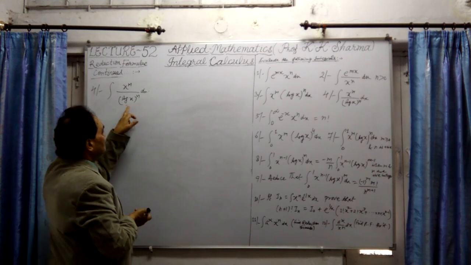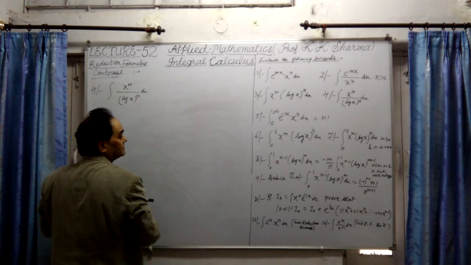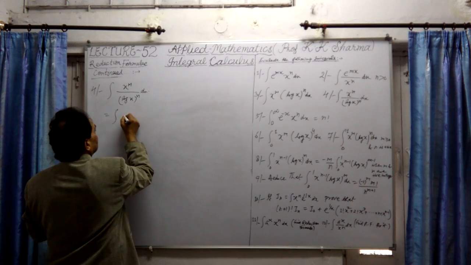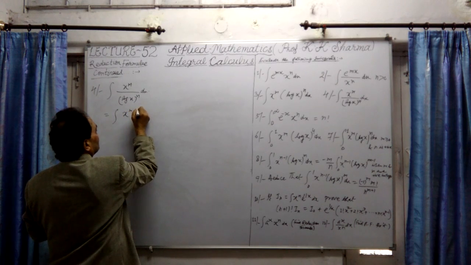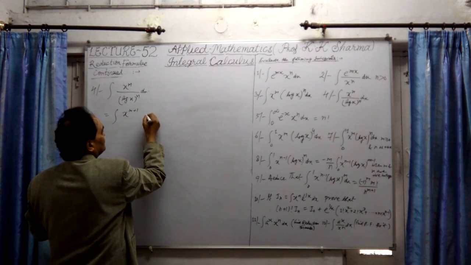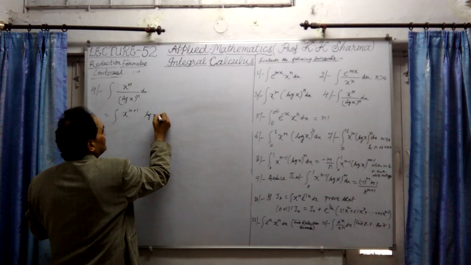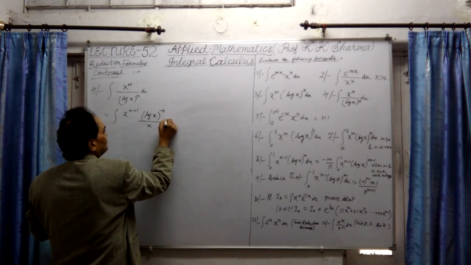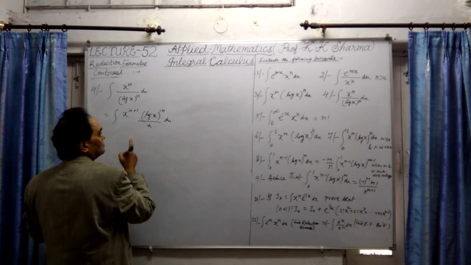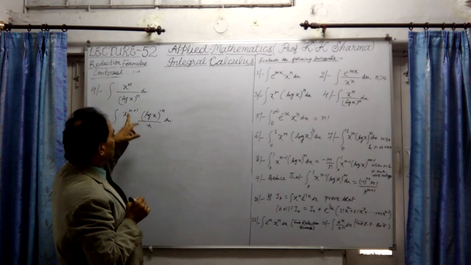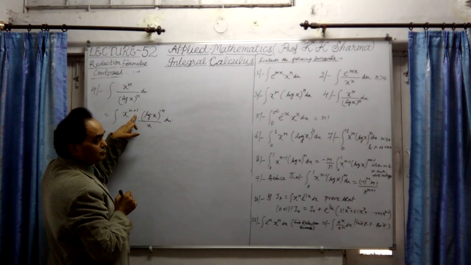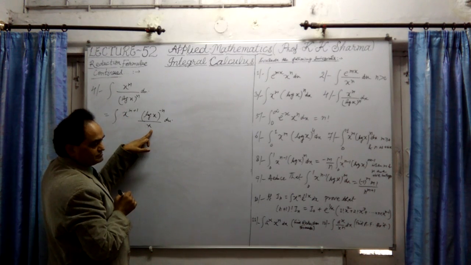Just take log of x to the power minus n as the second function. Let me write x to the power n plus 1 into log of x whole power minus n upon x into dx. No problem. What I have done is multiplied by x in the numerator, and the denominator is also divided by x.